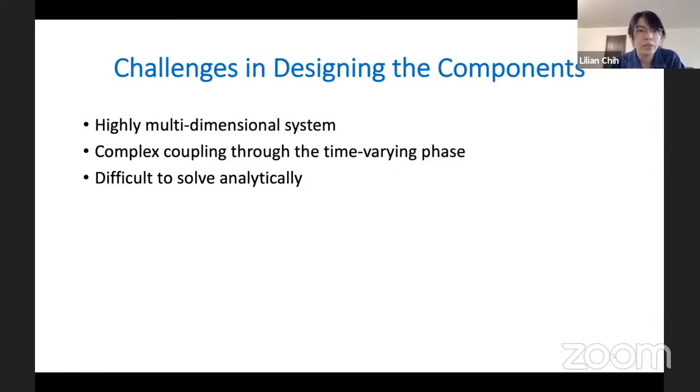And the coupling is very complex because of the time varying phase. Since this is not a two-level system, it's difficult to solve analytically. And I think it's safe to say that there's no intuitive way to design the shaking function for our purpose.